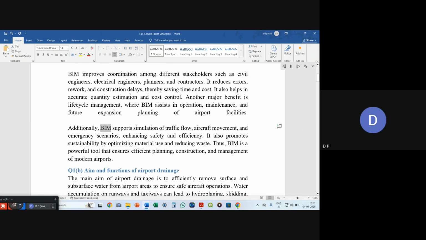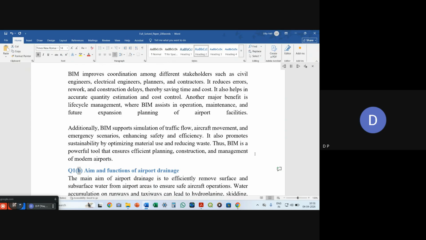Additionally, BIM supports simulation of traffic flow, aircraft movement, and emergency scenarios, enhancing safety and efficiency. It also promotes sustainability by optimizing material use and reducing waste. Thus, BIM is a powerful tool that ensures efficient planning, construction, and management of modern airports.